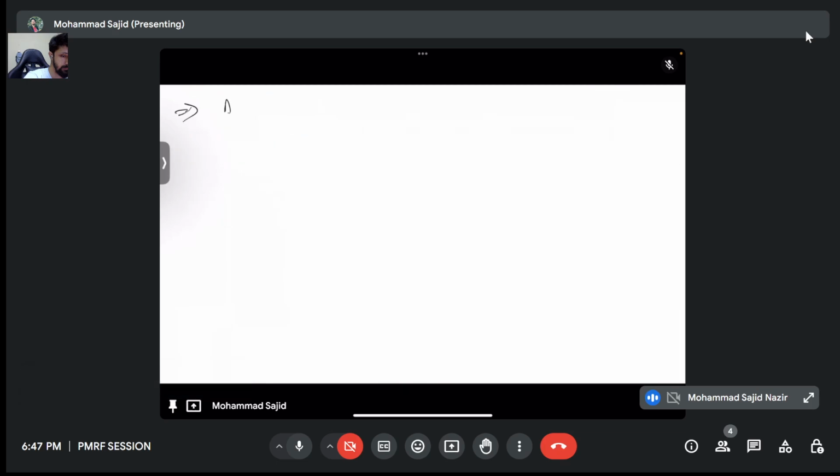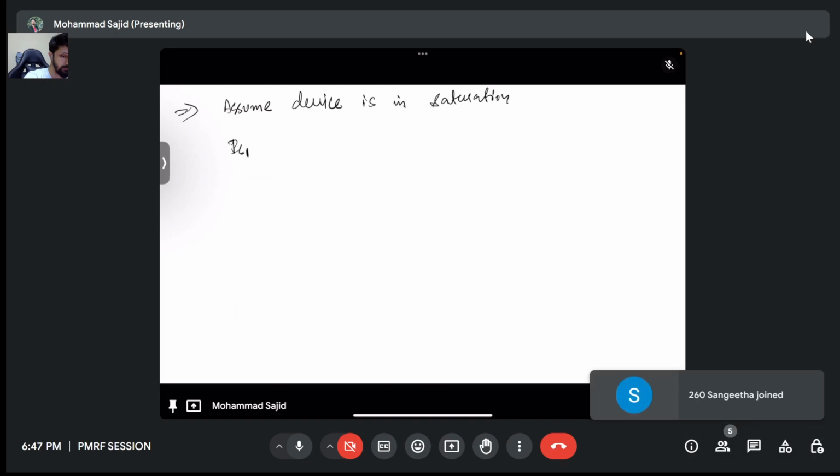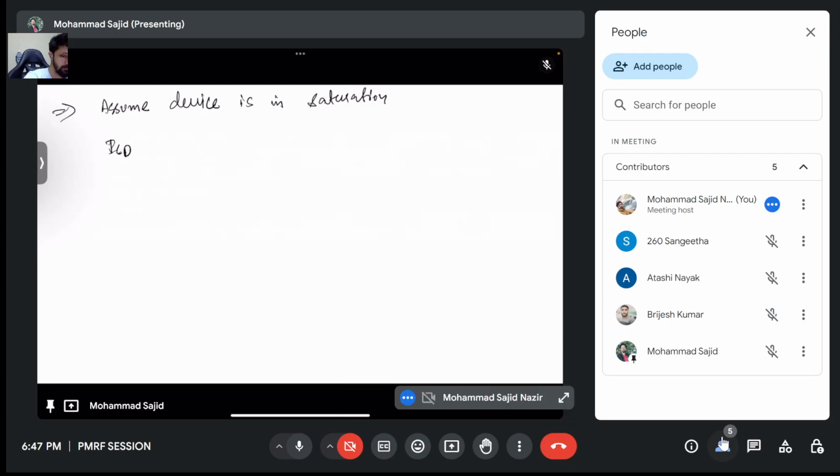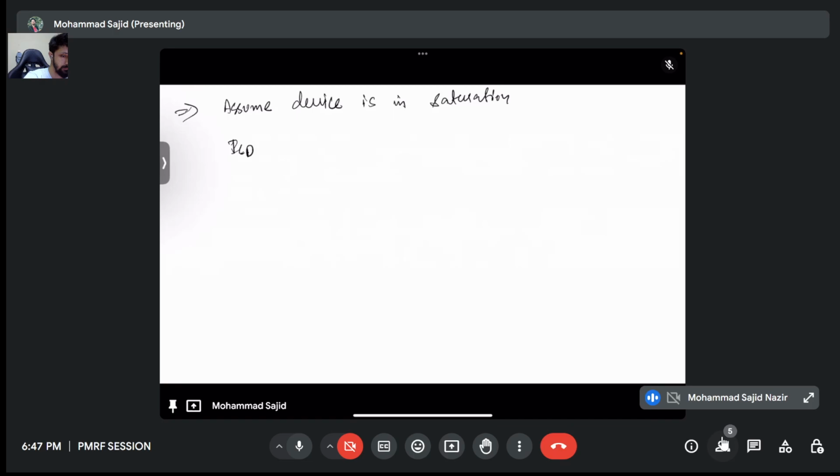So if I assume the device in saturation, I can write ISD as 0.5 VSG minus VTHP whole square.